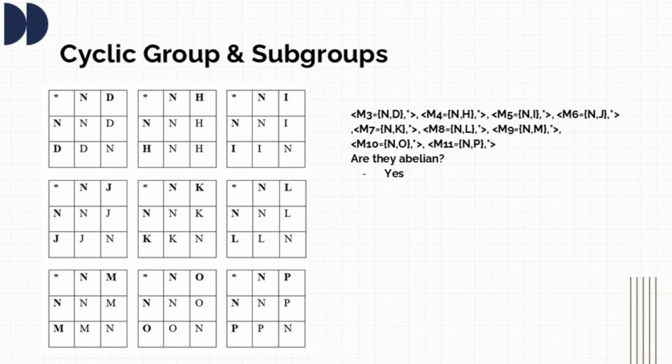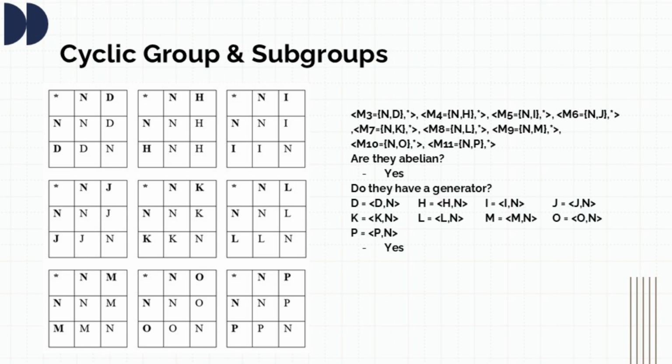These subgroups are abelian because each table is symmetric along the diagonal, where for every pair of elements A and B, we have A star B is equal to B star A. Also, we can see that there is at least one generator for each subgroup. So we can conclude that each subgroup is a cyclic subgroup because it satisfies all the given conditions.